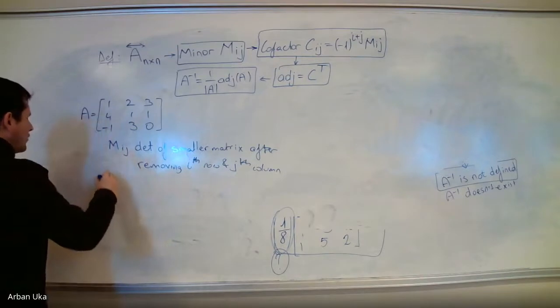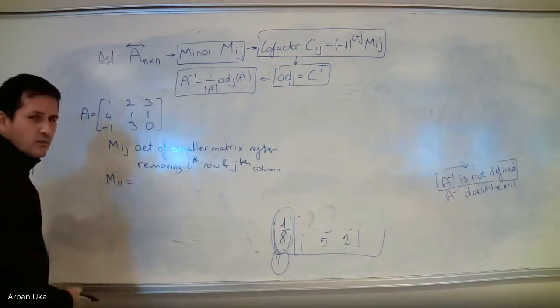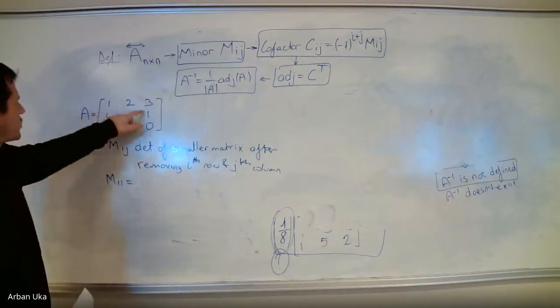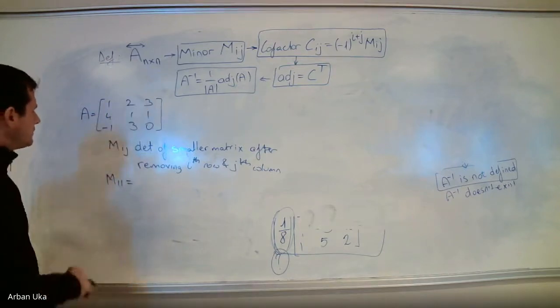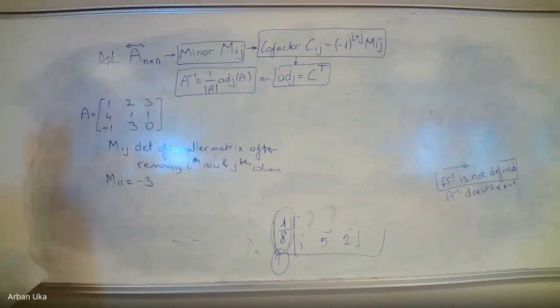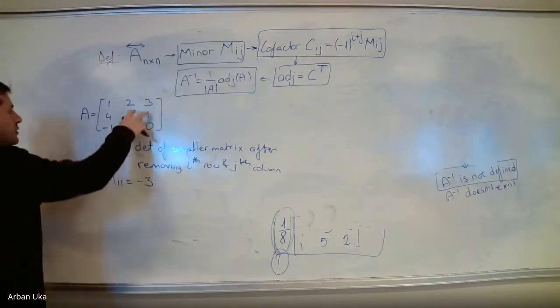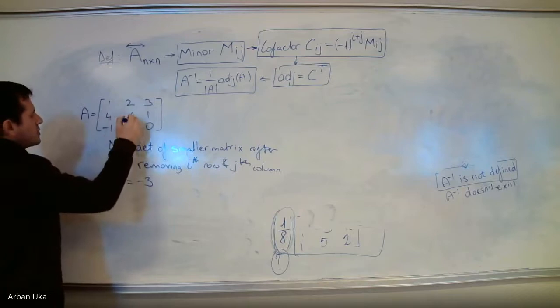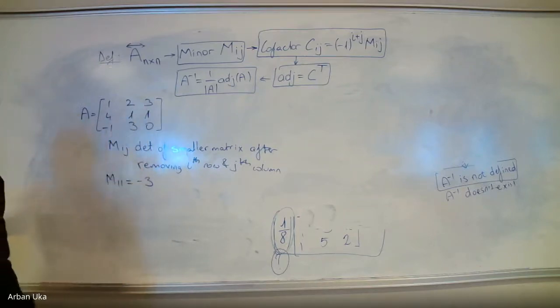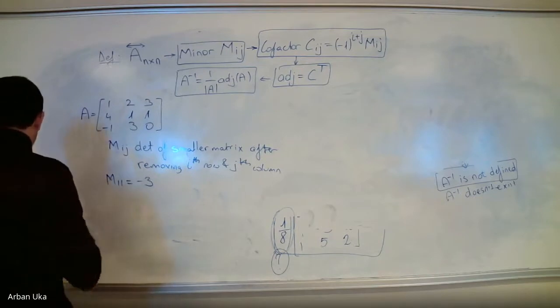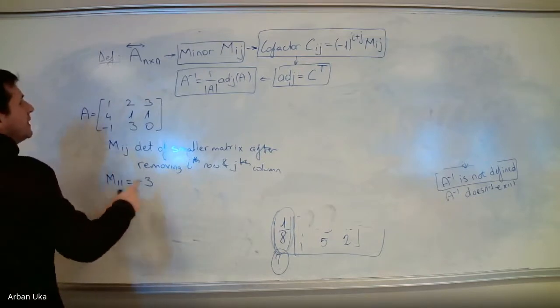What is M11? We remove the first row and the first column. What is the determinant of this little matrix? 1, 1, 3, 0. Yes, it's -3, because the determinant of this matrix is the product of these two numbers minus the other product, giving -3.